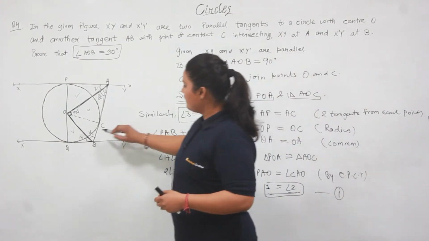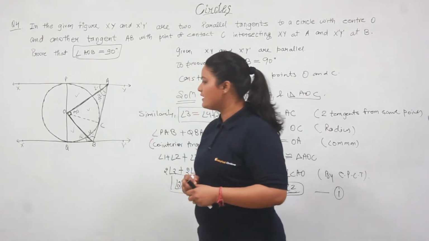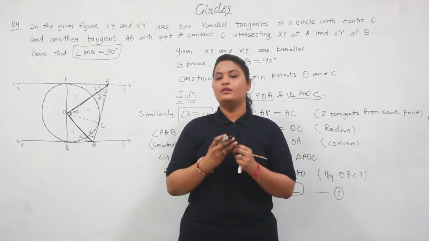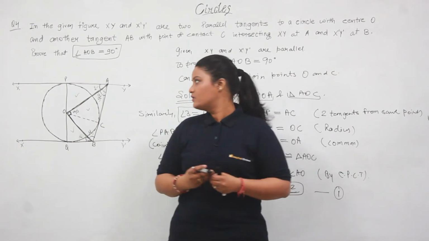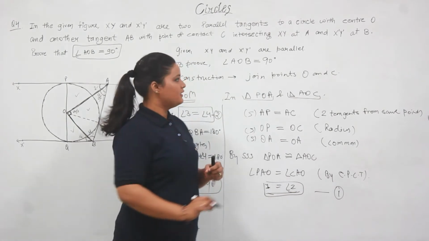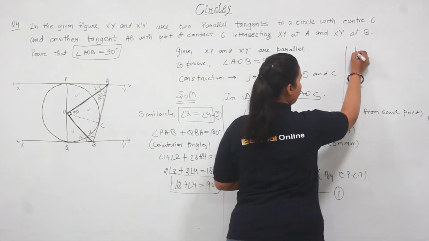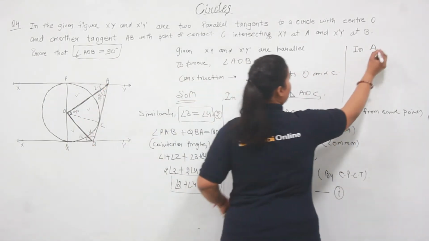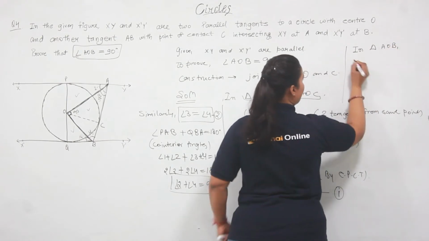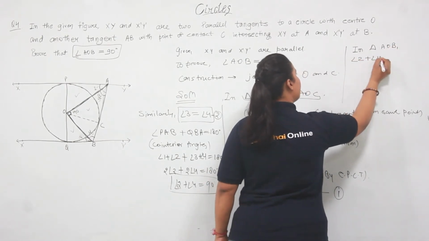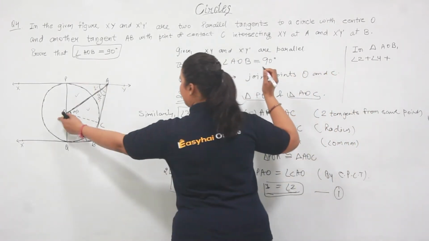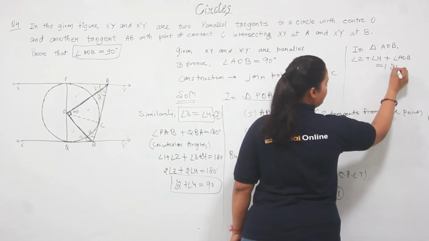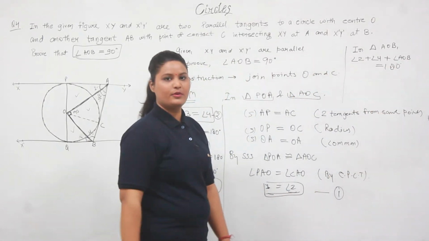Now I can say when the sum of angle 2 and angle 4 is 90 degrees, then the remaining angle of the triangle is also 90 degrees. Okay? So now I can write that in triangle AOB, angle 2 plus angle 4 plus angle AOB will be 180 degrees, according to the angle sum property of a triangle.